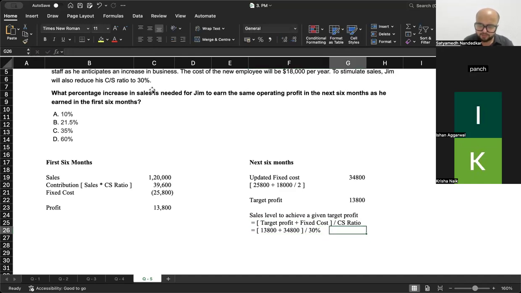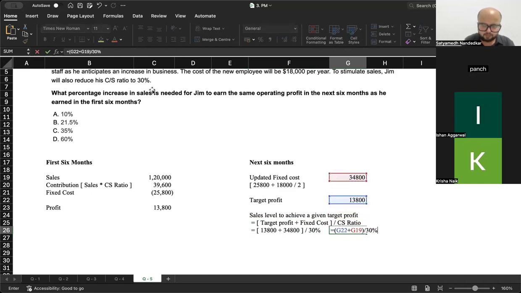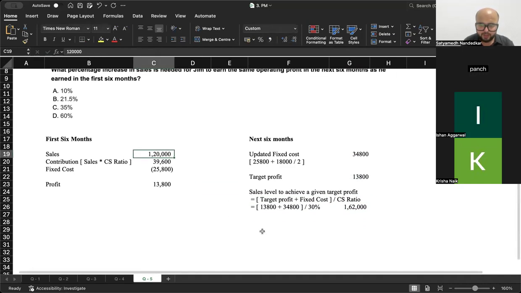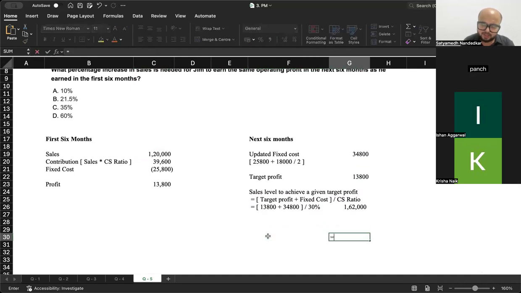How much is this? 1,62,000. What is your current sale? 1,20,000. So what is the increase in sale? 42,000.